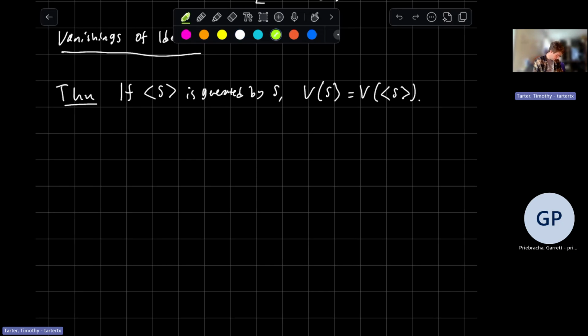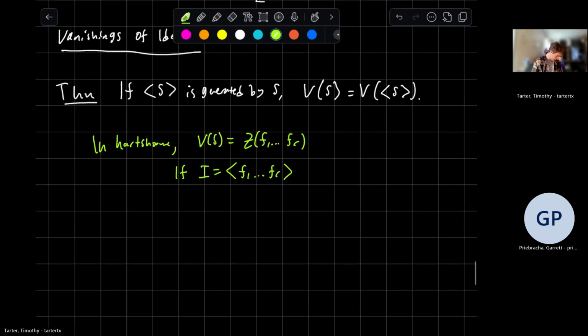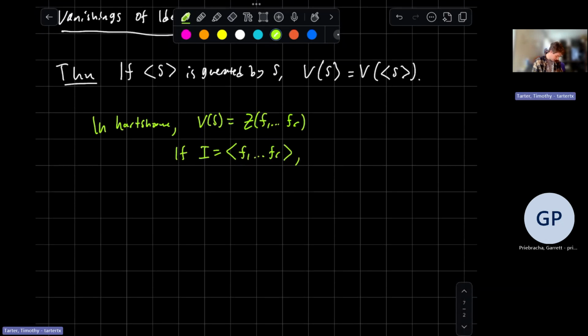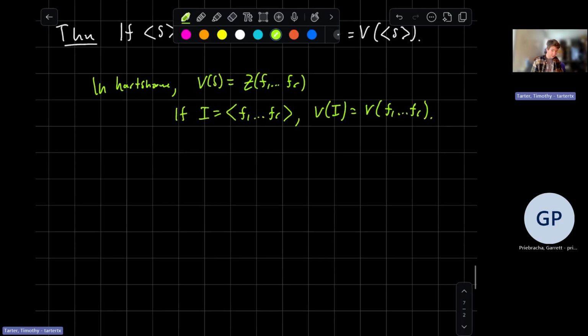What it's building up to is that in Hartshorne, we have S equal to the zero set of f1 through fr. If I is equal to the ideal generated by f1 through fr, then V(I) is equal to V(f1 through fr).